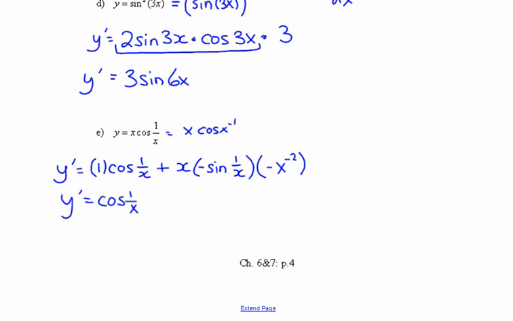So if we have a sign here, what's the sign going to be? Positive, because 2 negatives give you positive. Now you have the x divided by x squared. So what will it be? 1 over x. And then sine 1 over x, because here you had x over x squared.